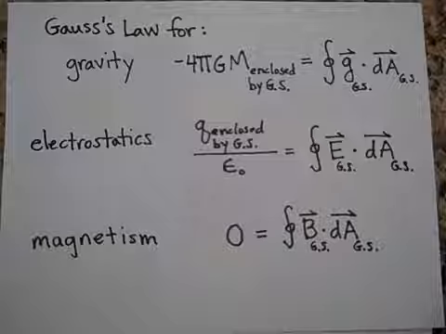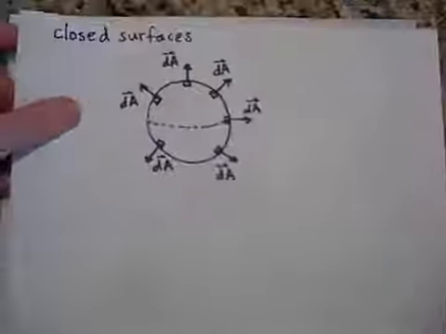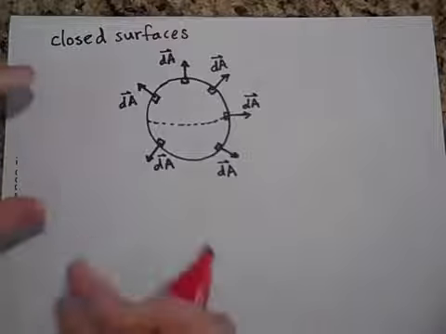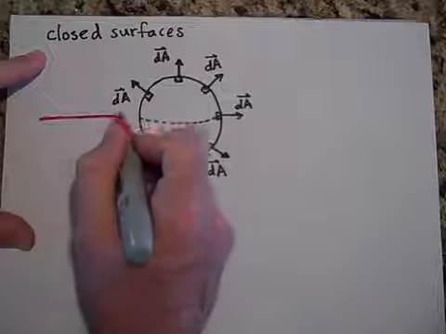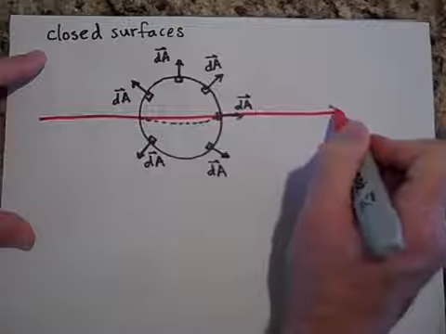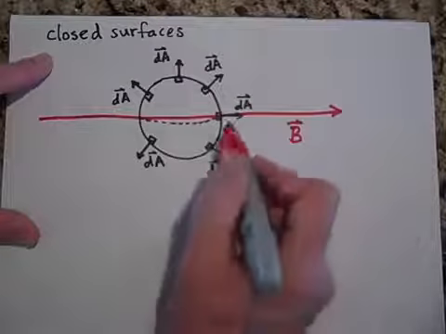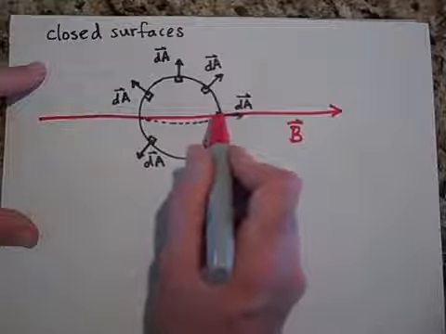And let's see why. Well, first of all, notice that we count arrows going into a surface. Let me send an arrow straight through here. That's a magnetic field, let's say. You see how this is giving us a positive flux through this little dA.